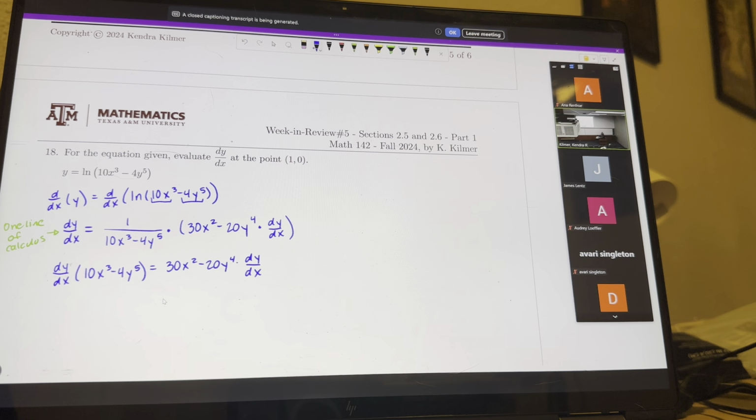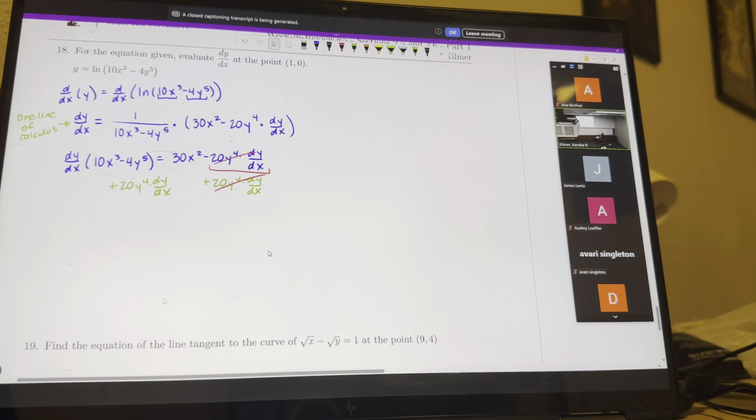So on the left-hand side, we already have the dy/dx kind of factored out of those two terms. We need to get this dy/dx term to the left-hand side as well. So we can add 20y to the 4th times dy/dx to both sides. In doing that, we would have dy/dx times 10x cubed minus 4y to the 5th plus 20y to the 4th times dy/dx.